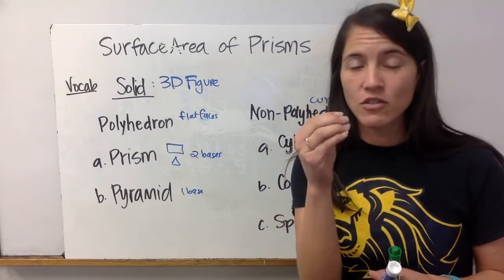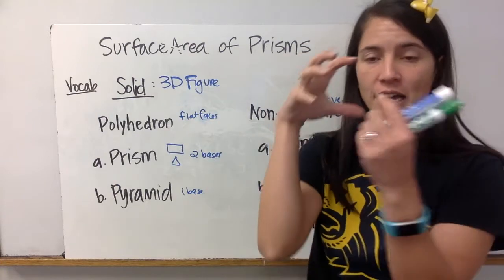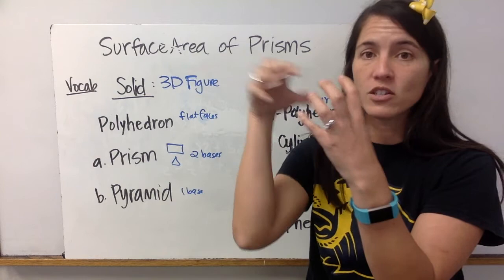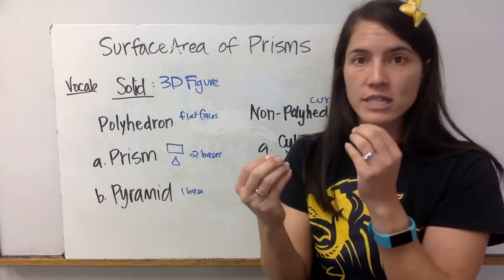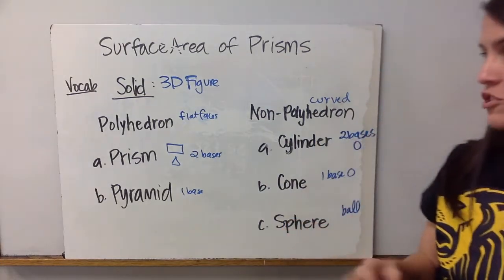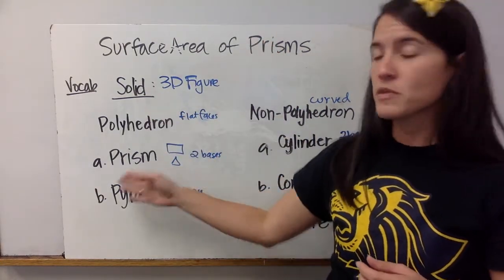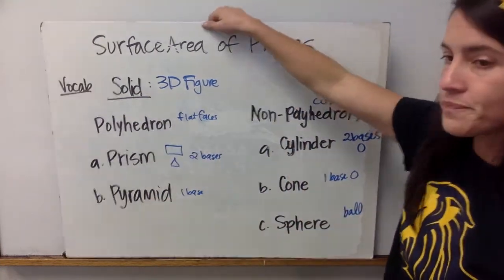So if you could find the center of a ball and then all the points, the front, the side, the back, that's what makes a sphere round, is every single point that's on the outer edge of the skin of the ball is equidistant from the middle. And so that's the definition. So here's some vocabulary. We're going to be talking about prisms today, but prisms fall under the polyhedron, and these are all three-dimensional figures.